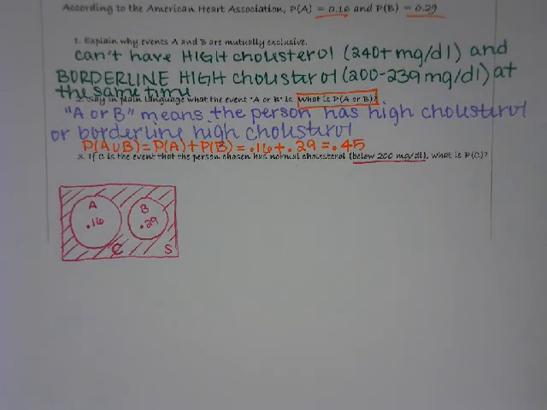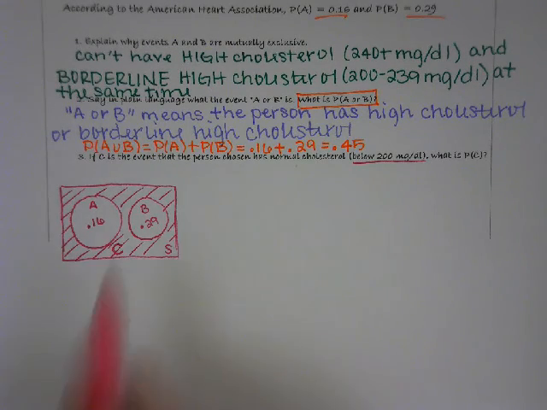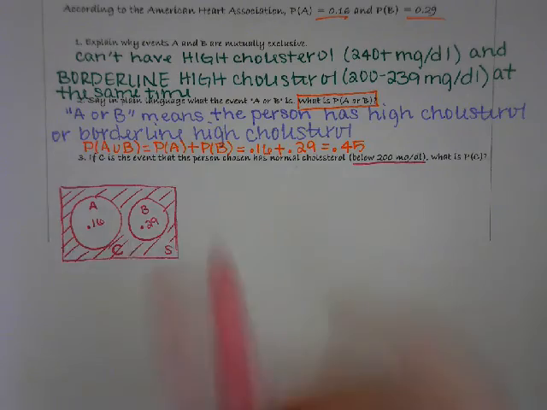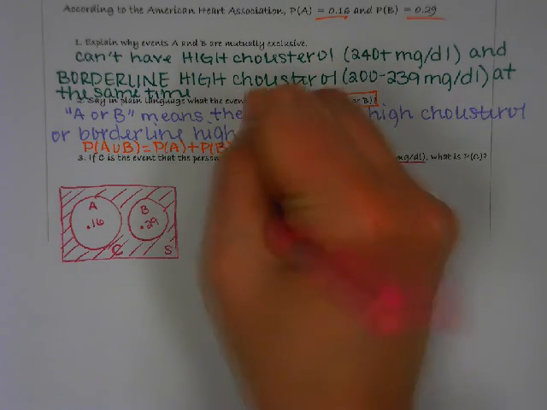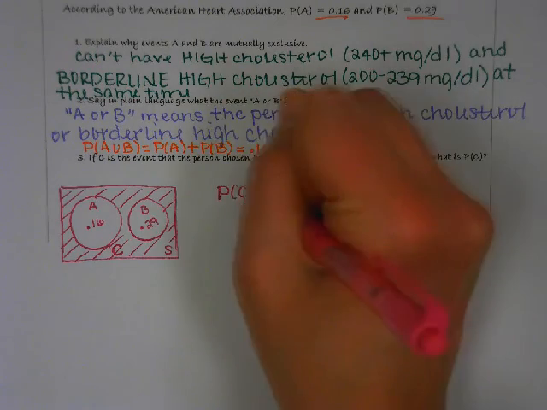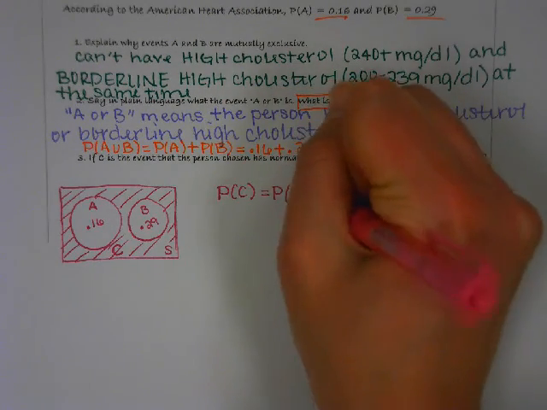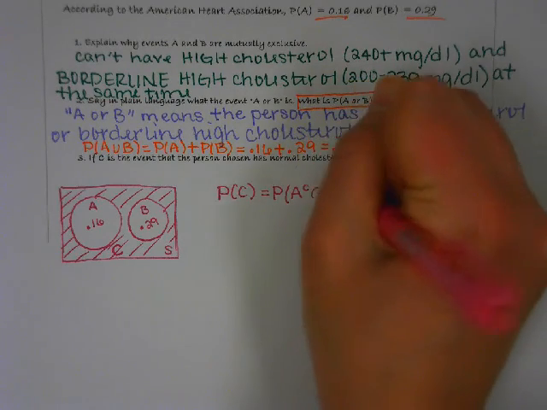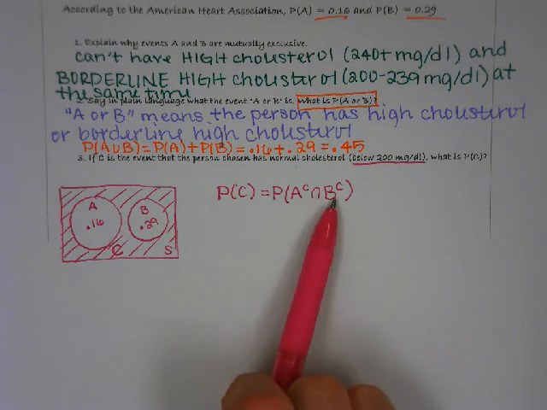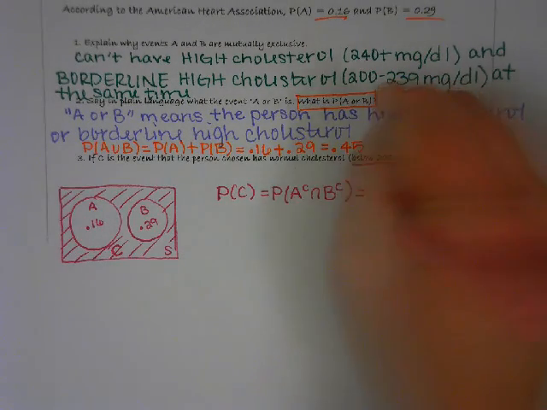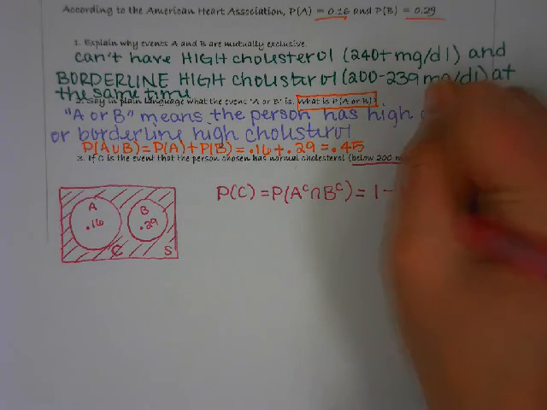Now C happens to be the complement of A or B, because it's everything that doesn't fall in our A or B picture. So the probability of C could also be referred to as the probability of A complement and B complement. So A not happening and B not happening. And remember, we have our complement rule.